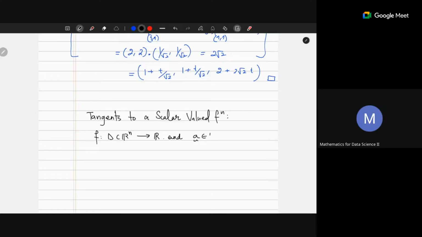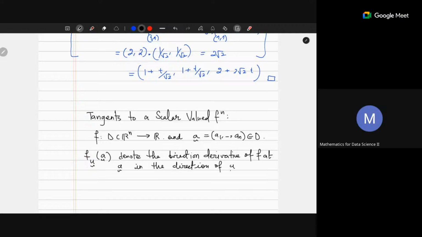And let a tilde, which is (a1, ..., an), be a point in D. Suppose u is the unit vector. Now f_u at a tilde denotes the directional derivative of f at a tilde in the direction of u tilde, which is (u1, ..., un). All right.